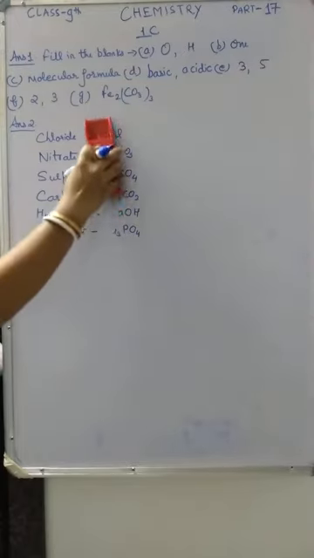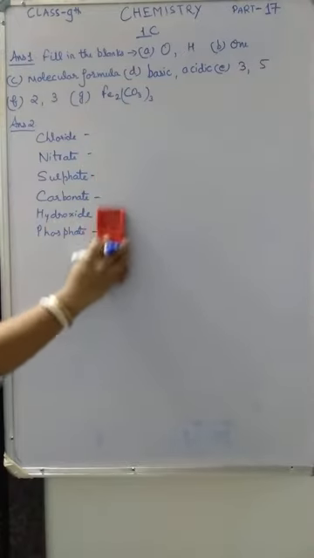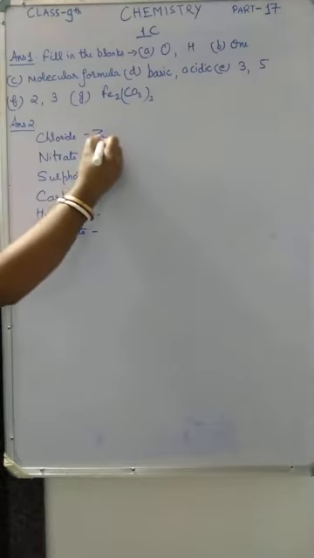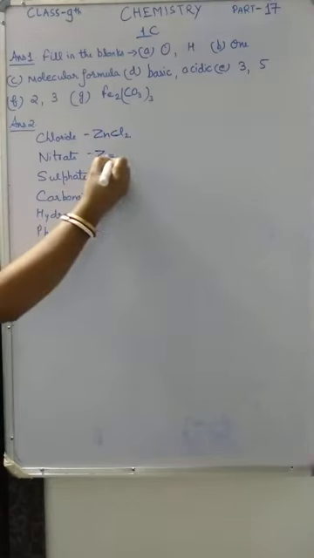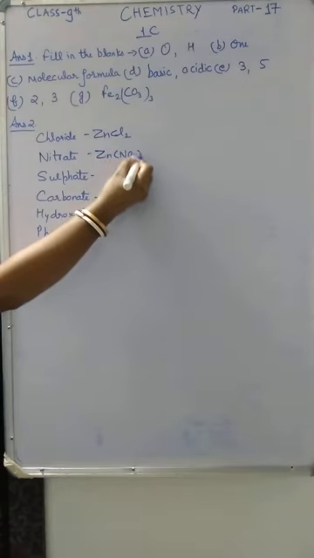Now next is for zinc. Note it down very carefully. For zinc, chloride, ZnCl2. Nitrate, Zn(NO3)2.